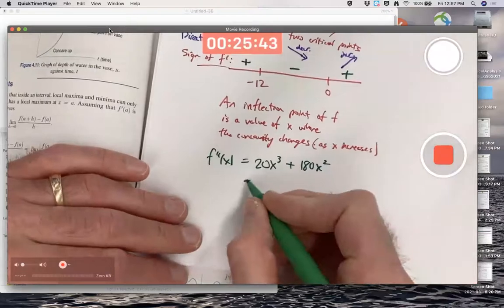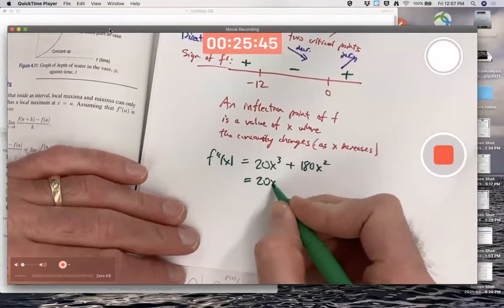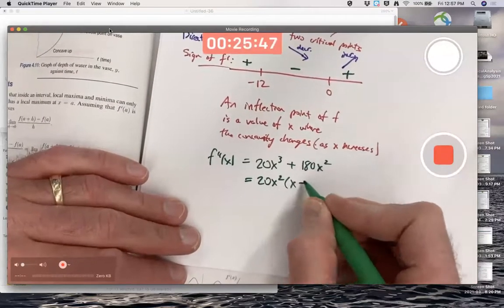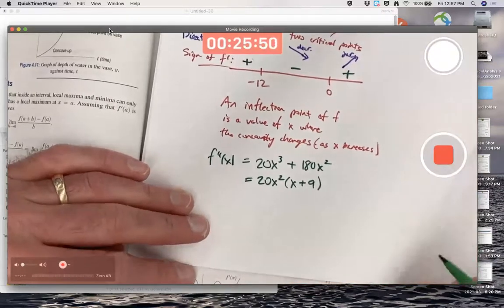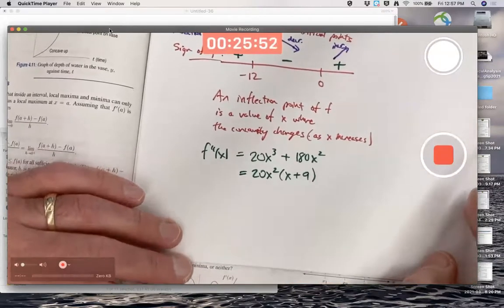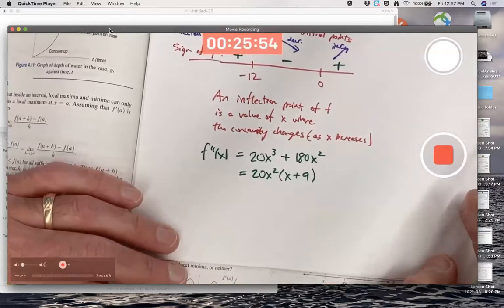It's good to try to factor this. This has a common factor of 20x squared in both terms. 180 is 20 times 9.